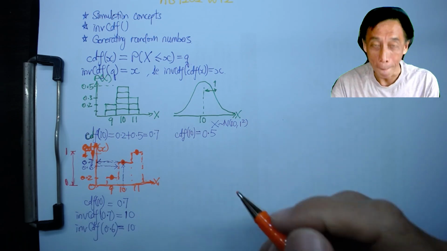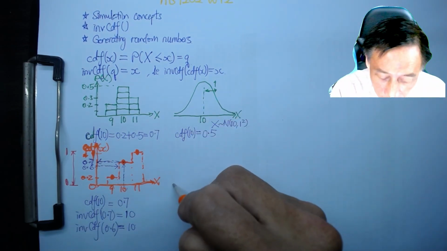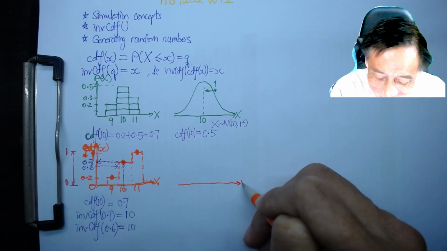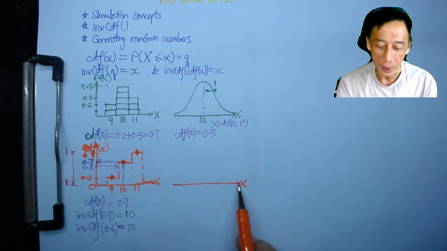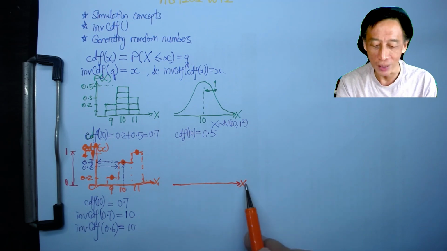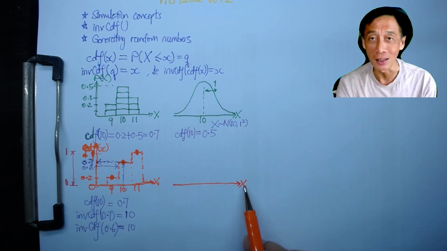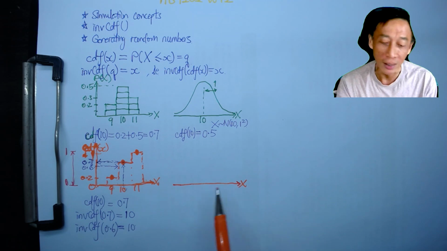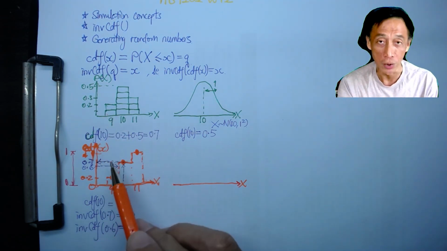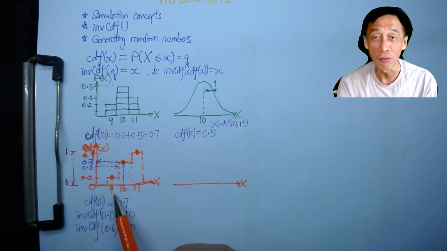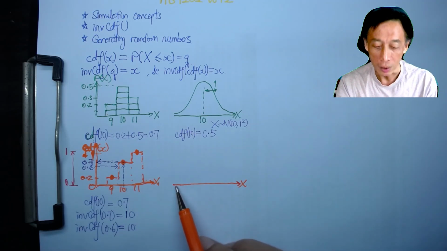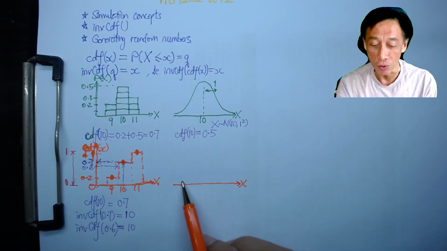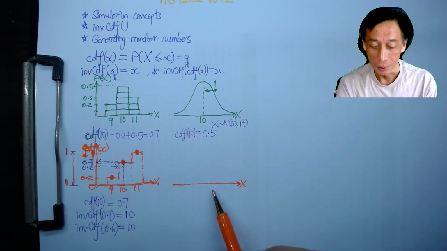Then let's try to build the CDF curve. Again, we need to have the x-axis aligned because the domain here ranges from -infinity to infinity. They all make sense for the normal distribution. They don't make sense for our discrete distribution, because only values 9, 10, and 11 are valid. But for the normal distribution, the entire domain from -infinity to infinity makes sense.